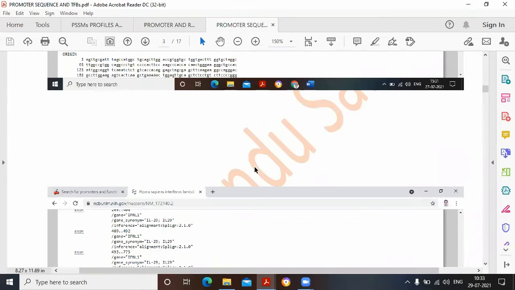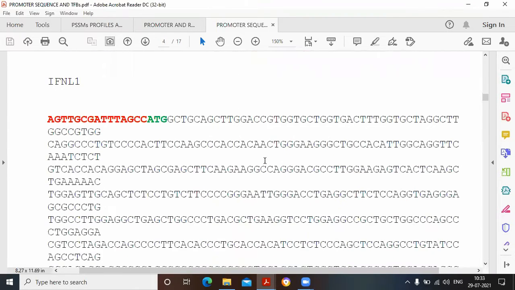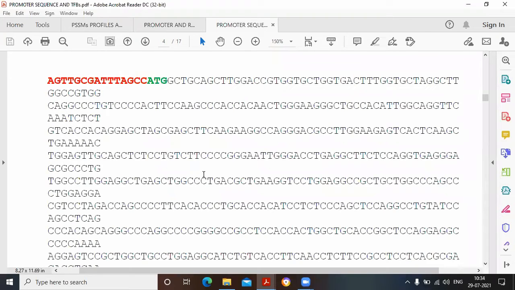Now if we come to this original sequence and count the alphabets from the start, 1, 2, 3, up to 15, then exactly after 15, from 16 onward, we get the starting codon.